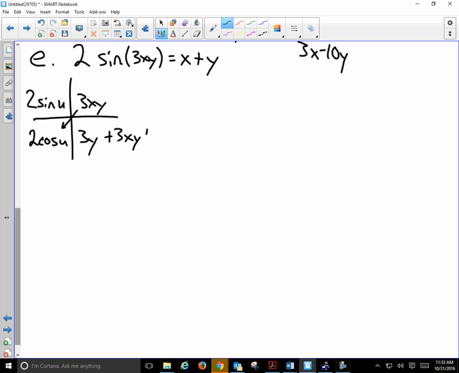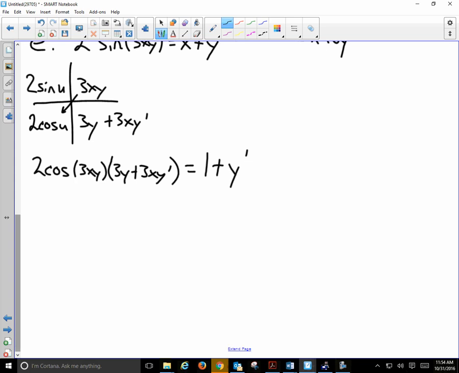So I multiply those together, and I get 2 cosine of 3xy times 3y plus 3xy prime equals, how about the other side? What's the derivative of the other side? 1 plus y prime. Okay. Not very pretty, is it?